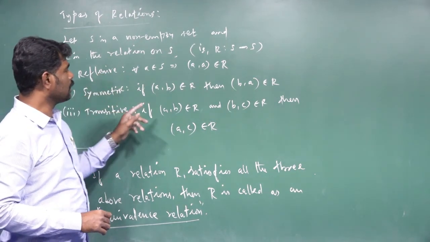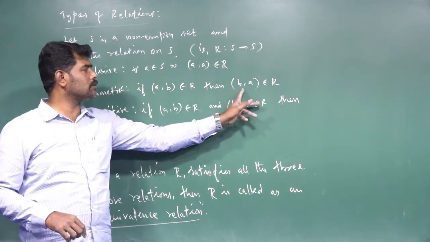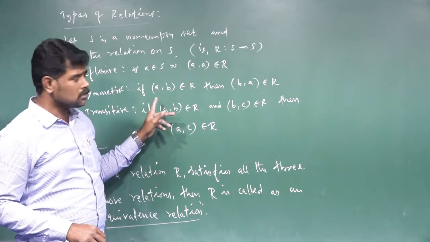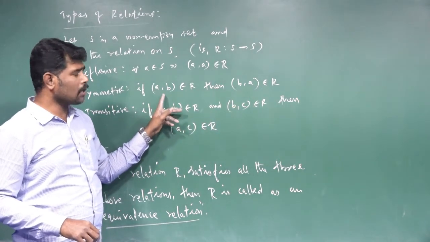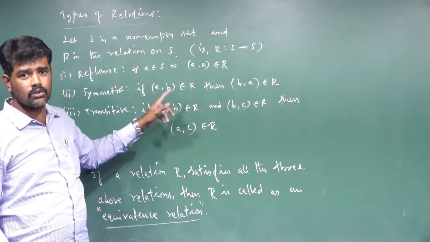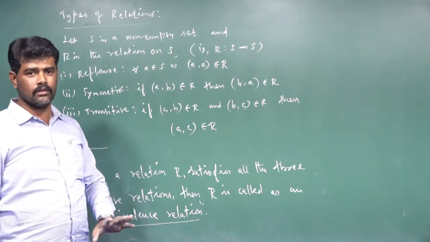Then the second one is symmetric. Symmetric means if a pair exists, then we check the reverse pair. Suppose the pair (a,b) does not exist in R, then automatically it is symmetric. Listen clearly.